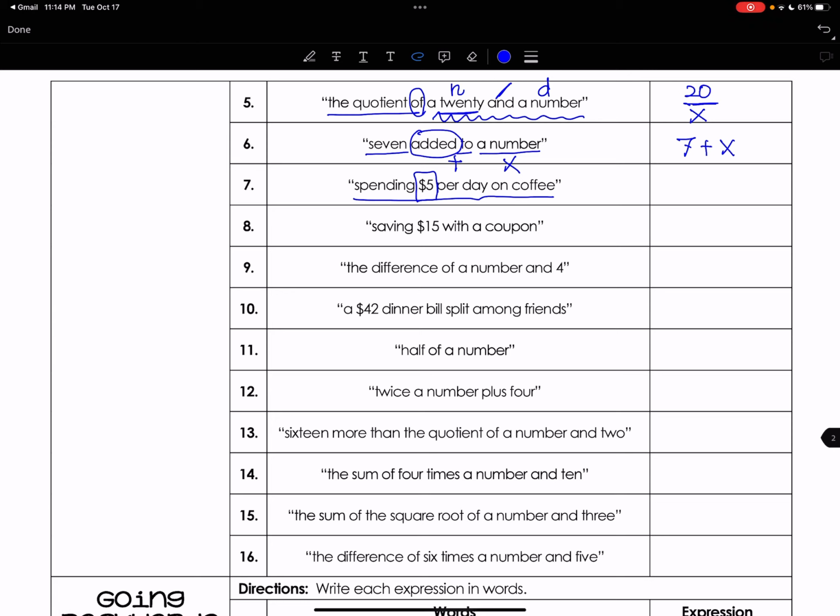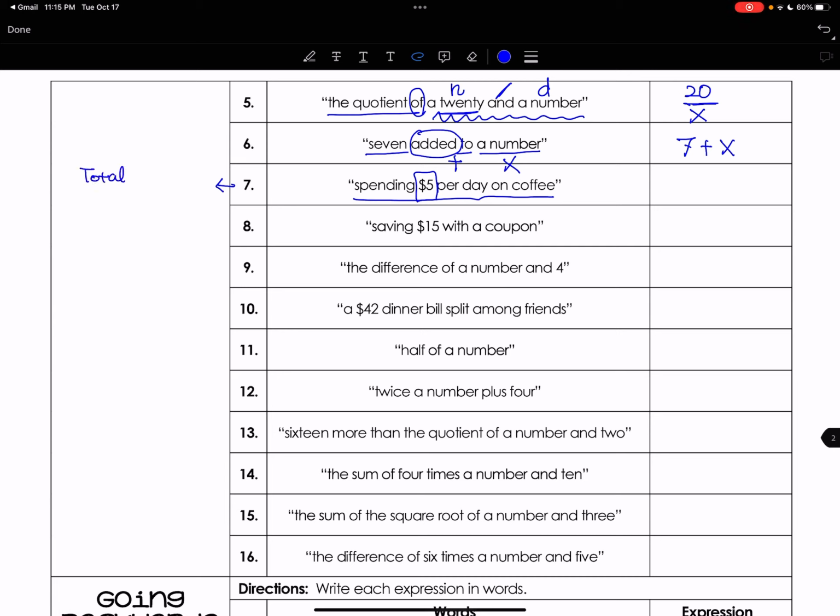And the question is asking how much money you spend by drinking coffee for a number of days. So a number of days, I'm going to rewrite this.